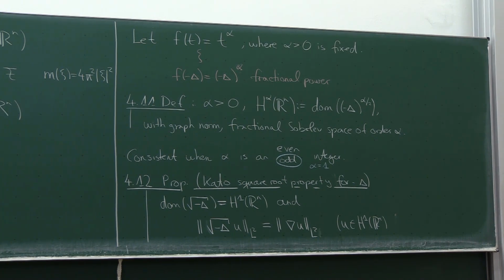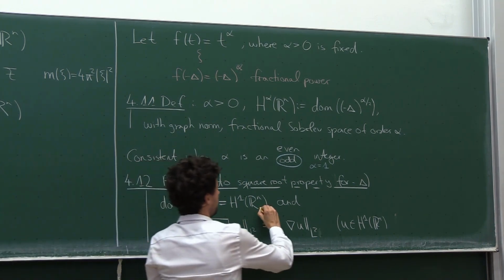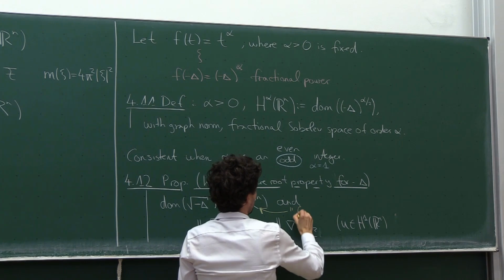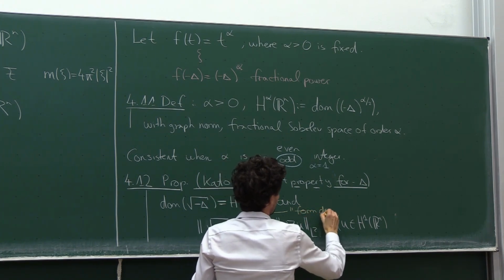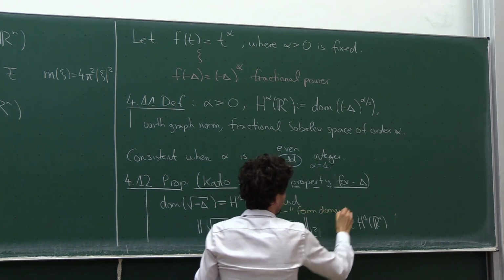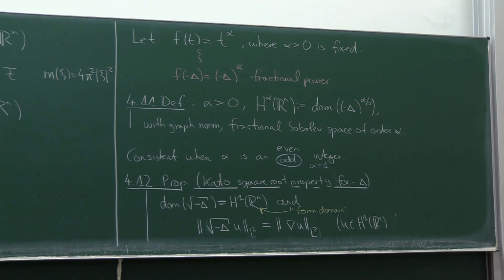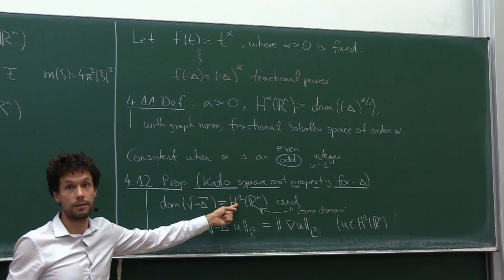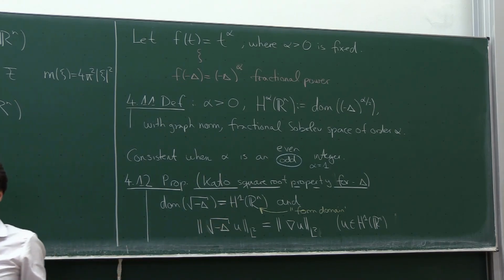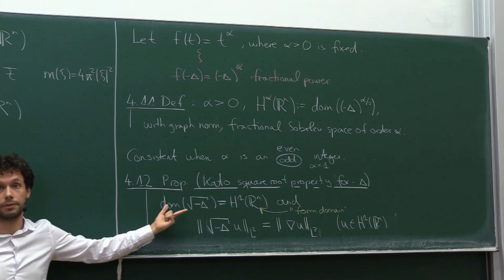Right? So this H1 is the form domain. Right? So in this Gelfand triple story with the V and the H and the V star, or the V prime, the V was H1. And now we found out that the form domain is equal to the domain of the square root.